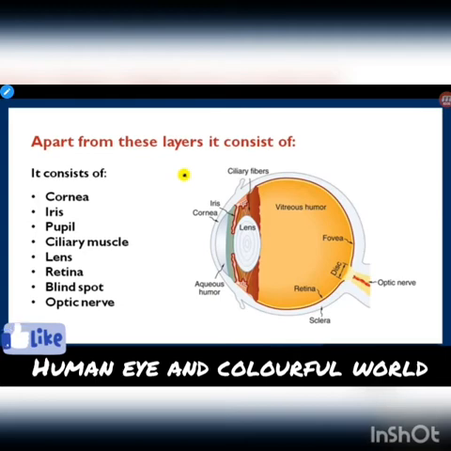It consists of the cornea, which is the outermost layer, the iris, which is the colored part of your eye, the pupil, the hole which allows the light to pass through it, ciliary muscles, which help the contraction and relaxation of your iris, then of course your lens, then the retina, the innermost part of your eye, the blind spot, the spot where no light reflects, and the optic nerve, the nerve that carries the messages to the brain.